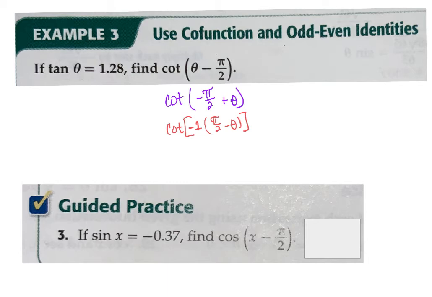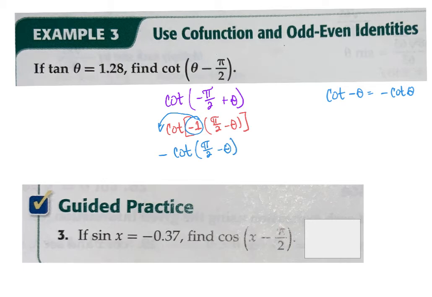If you look at your odd, even identities, the bottom right corner of them in your book, from those we know that if I have the cotangent of a negative angle, it's the same thing as the negative cotangent of that angle, okay? So I can actually take this -1 and just put it out here. So that's the same thing as negative cotangent of pi over 2 minus theta.